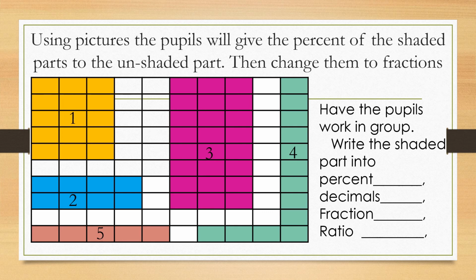Parang orange. Okay. So, ang gagawin nyo dyan, class, for each number, you're going to write the shaded part into percent, decimals, fractions, and ratio. Siyempre, ang denominator lahat niyan ay 100 squares. Okay? So, madali lang yung gagawin nyo kasi ang denominator nyo dyan ay 100 na.